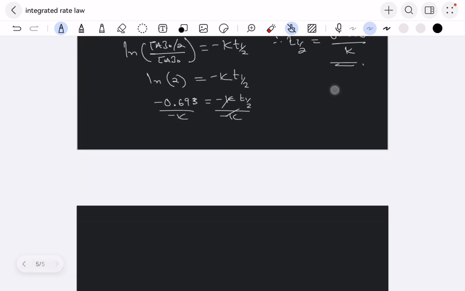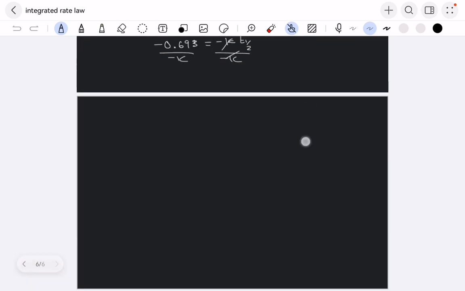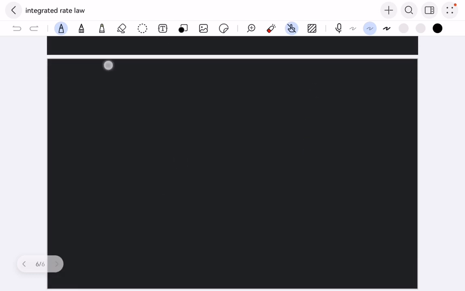Then the last one is the second order. Here we're saying n is equal to 2.